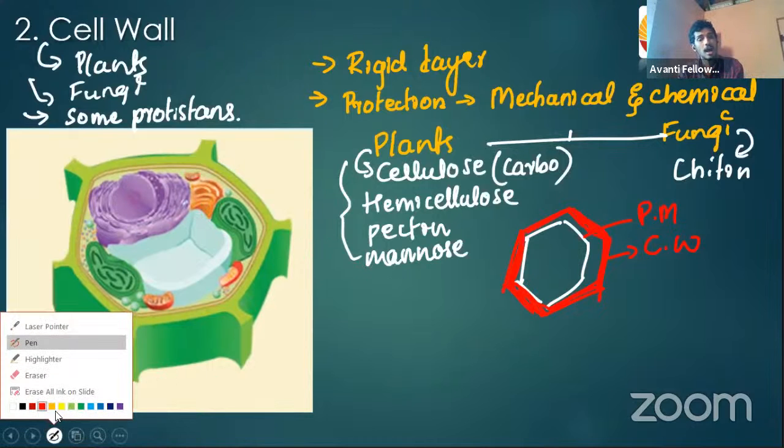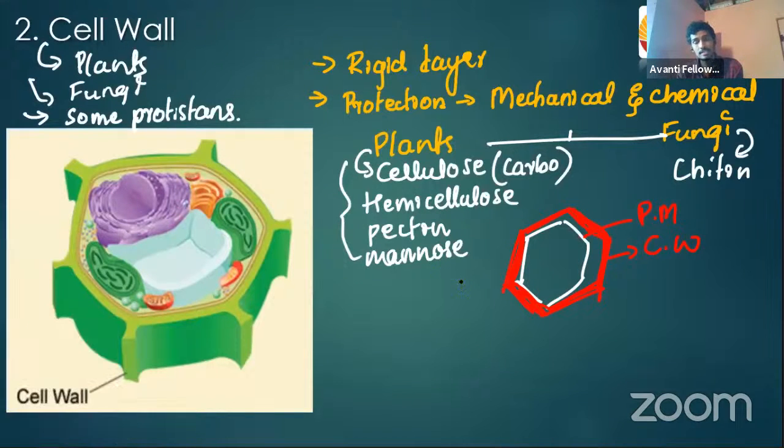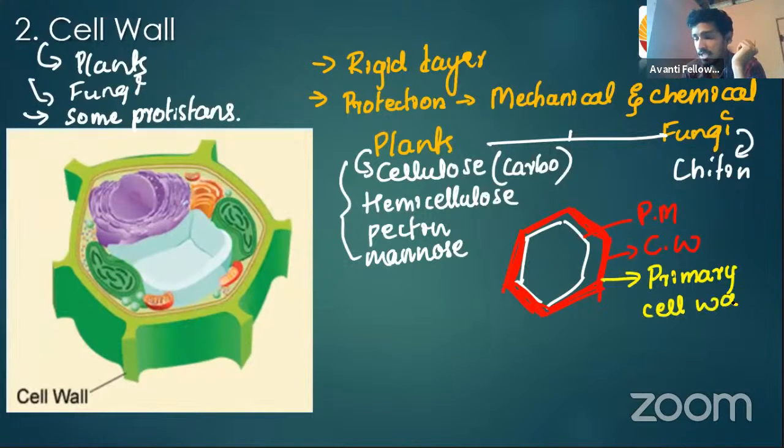So this is the structure and the composition of the plant cell wall and the fungal cell wall also. This particular cell wall we normally call the primary cell wall, meaning the cell wall which started in the initial days.